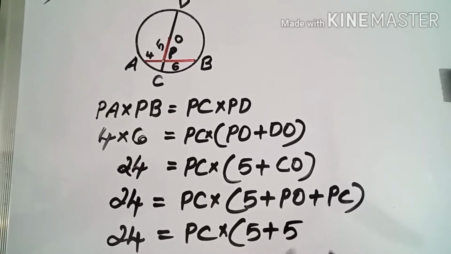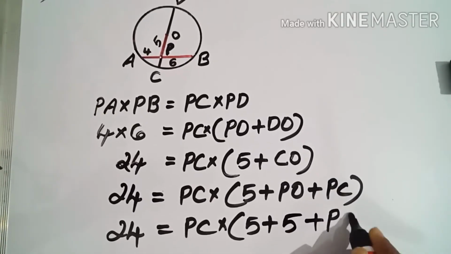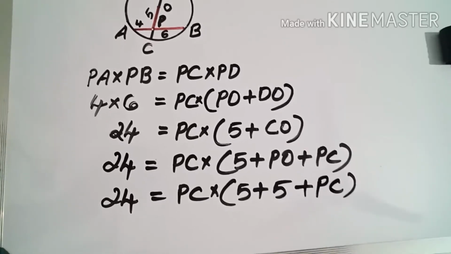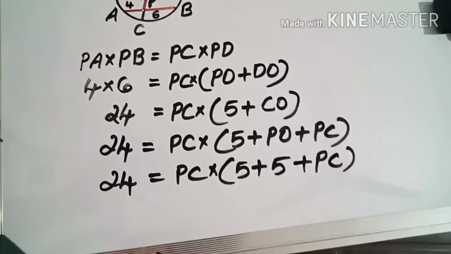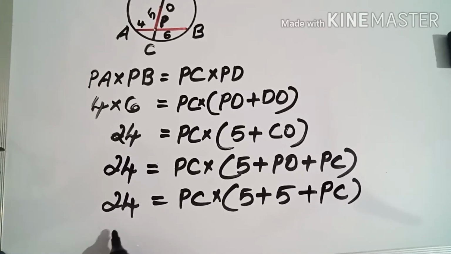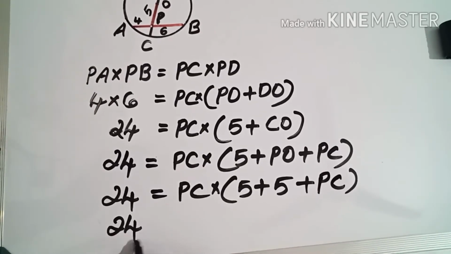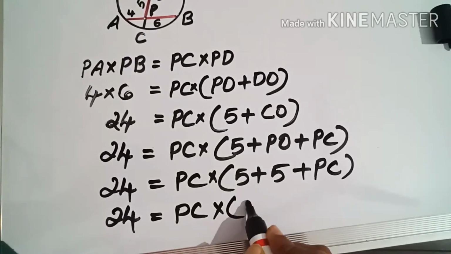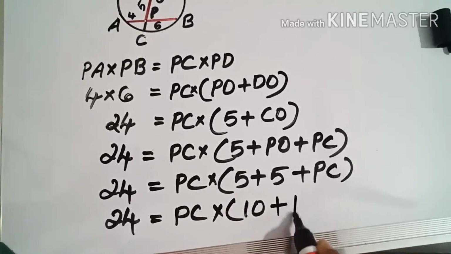So 5 plus 5 plus PC. We are doing all this to get an equation, then only we can find the radius. So 24 equal to PC into 5 plus 5, 10 plus PC.